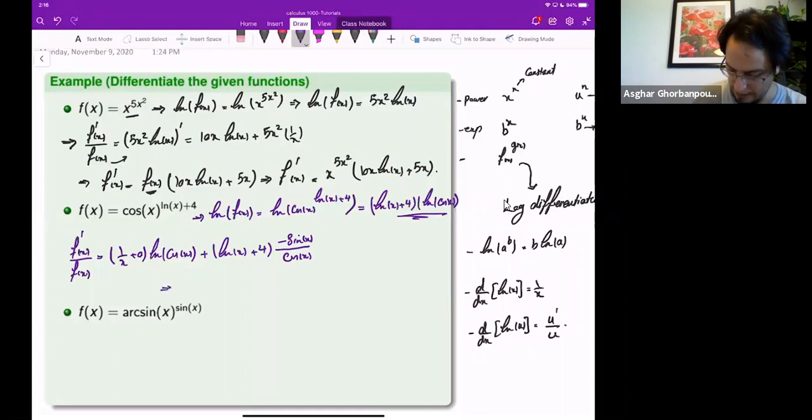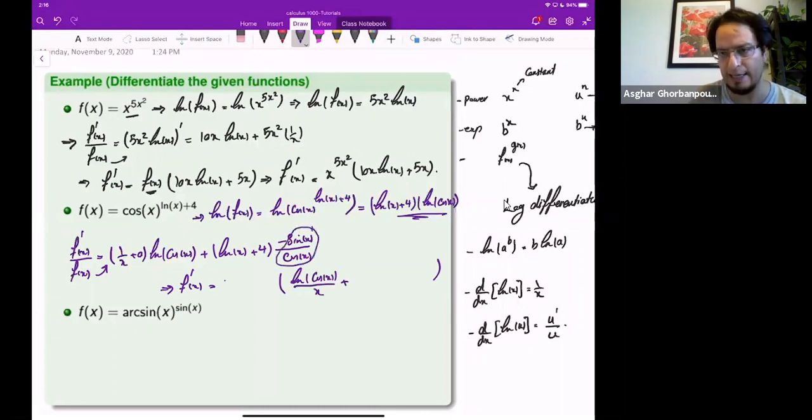Well, from here, I can see that f prime x is going to be f of x, I multiply this to the right-hand side, times ln of cosine x over x plus, look, this guy here is tan x.